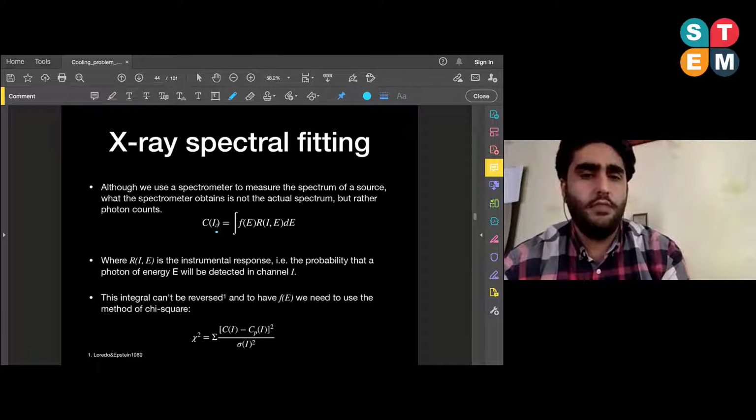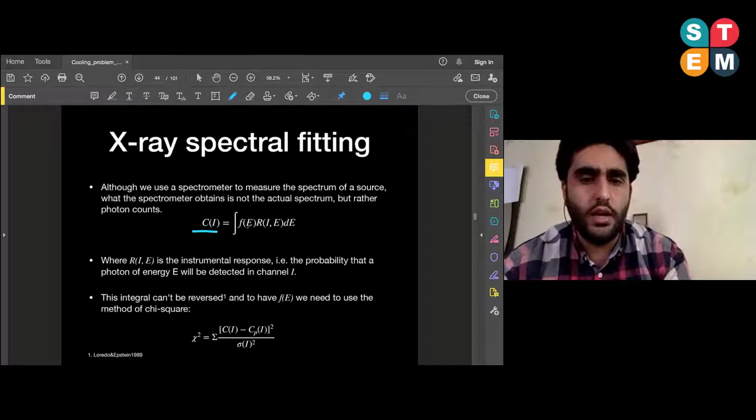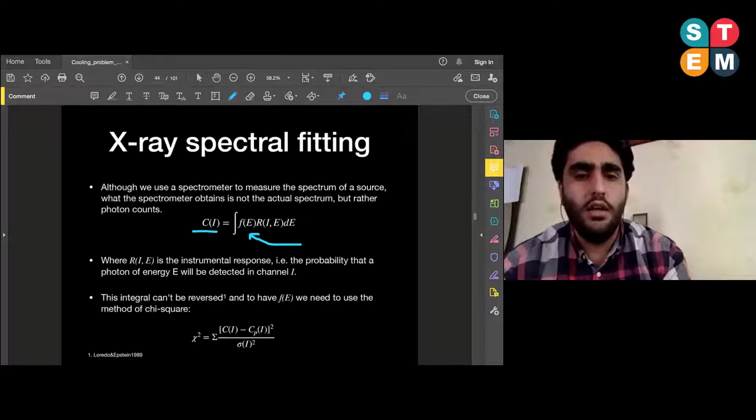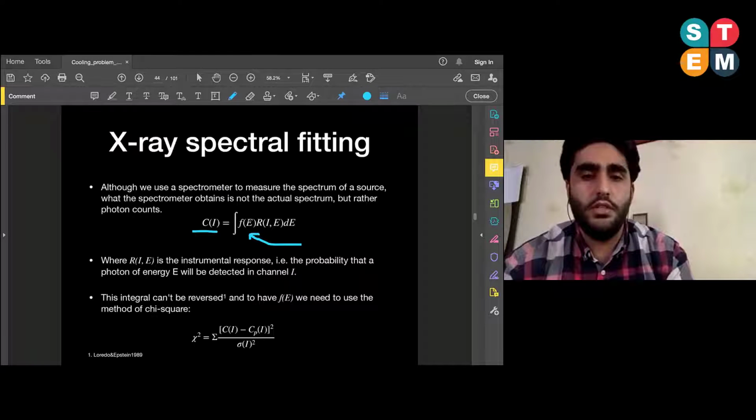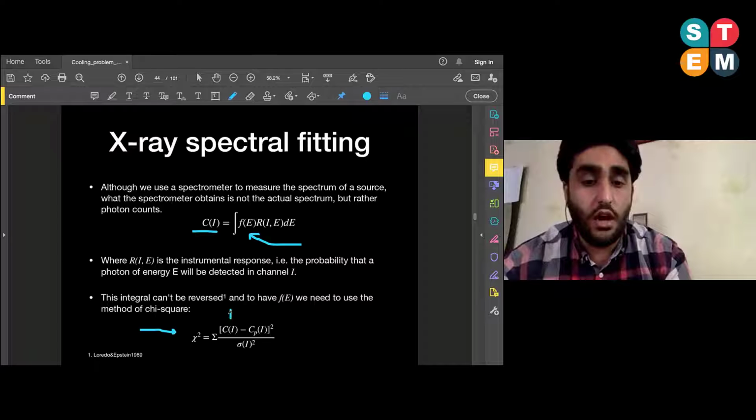And the approach in order to fit observed photon counts with our model is, first of all, to define a model based on physical parameters. We can define and find a spectrum, and then we can use a chi-square method and compare our observations with the predictions of our model.